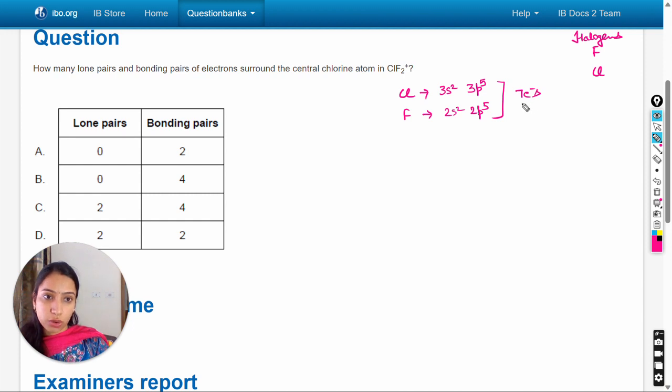and to complete its octet only one electron is required. So if both chlorine and fluorine atoms make one covalent bond with another atom, then their octet will be complete.